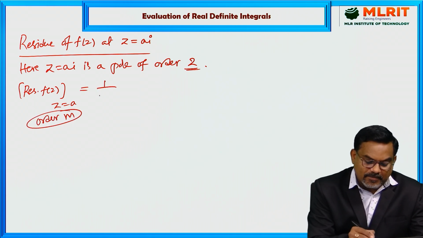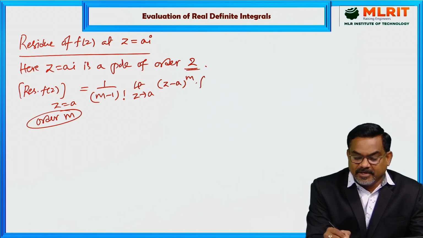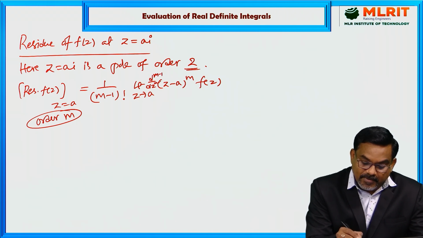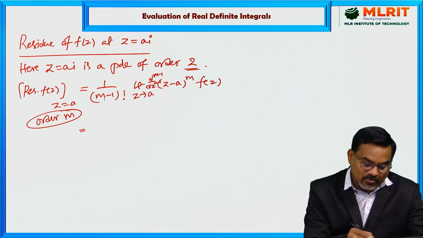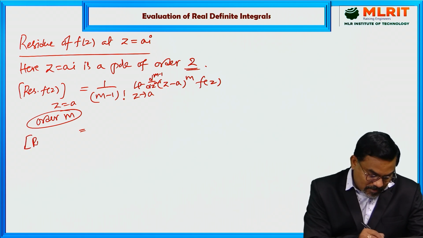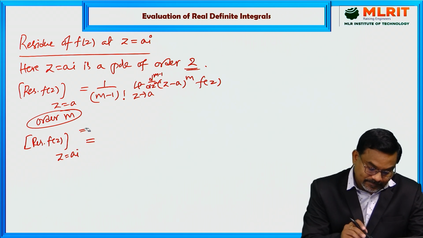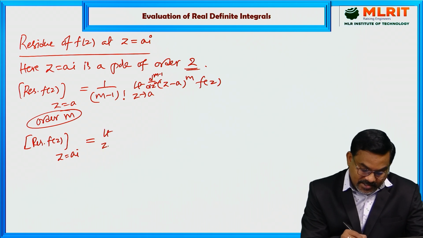The formula is 1 by (m minus 1) factorial, limit z tends to a, d power m minus 1 by dz power m minus 1 of (z minus a) power m into f of z. We need to differentiate m minus 1 times. So put m equal to 2 here, 1 by 1 factorial is 1. So the residue of f of z at z equal to ai is, with m equal to 2, limit z tends to ai of the first derivative.